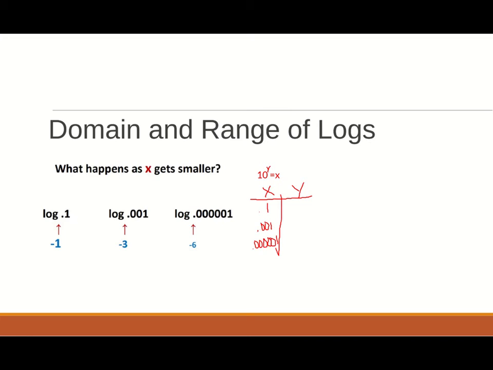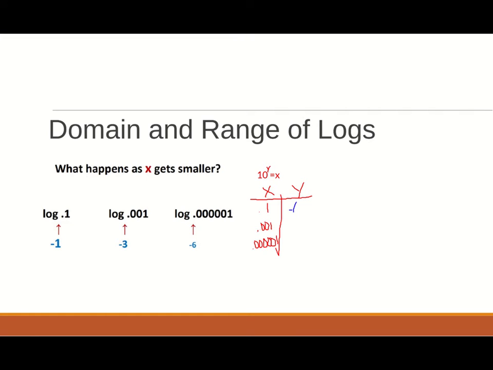So on the last slide, we talked about x getting larger. Now let's talk about x getting smaller. So we have 10 to the power of y equals x. Well, if x is 0.1, it's getting smaller now, then what power does y have to be? It would end up being -1.